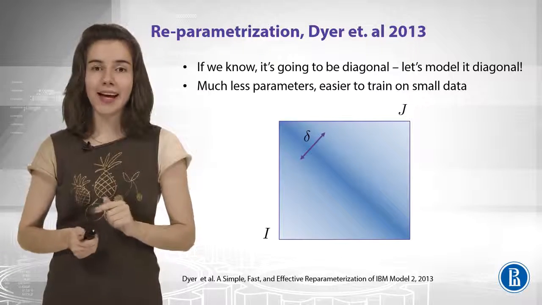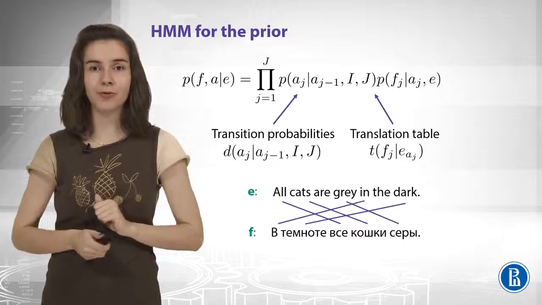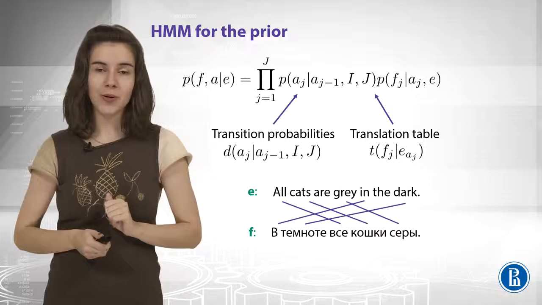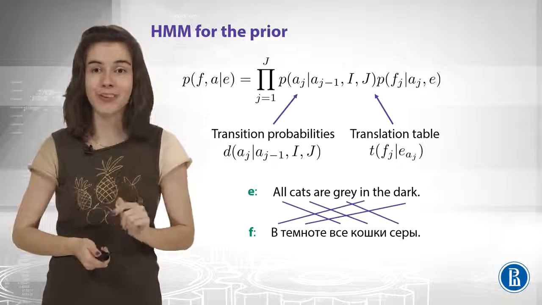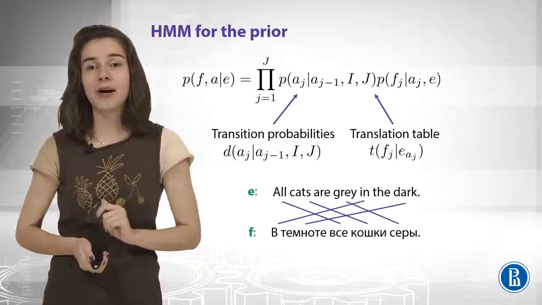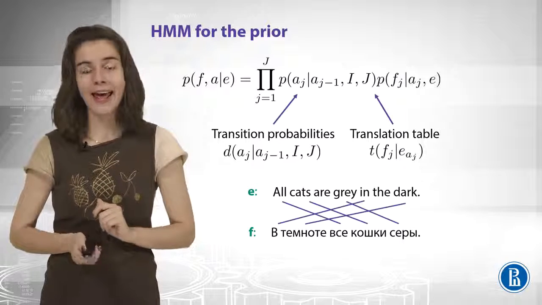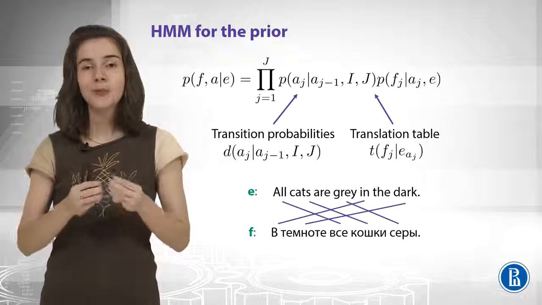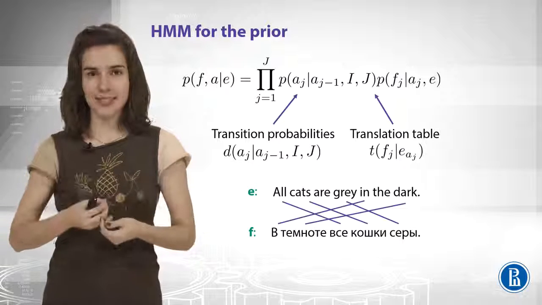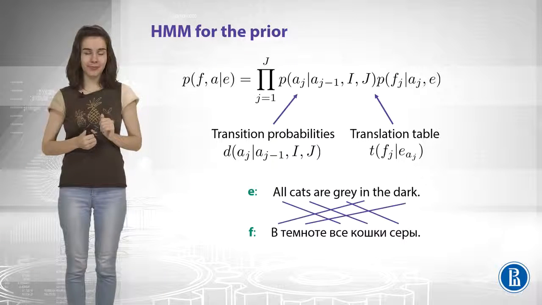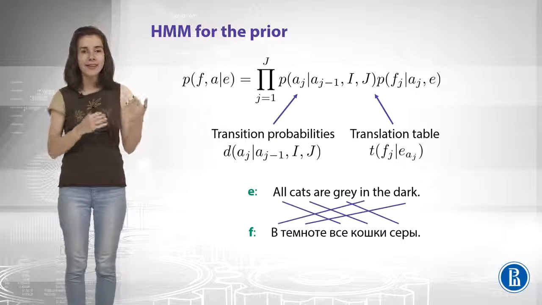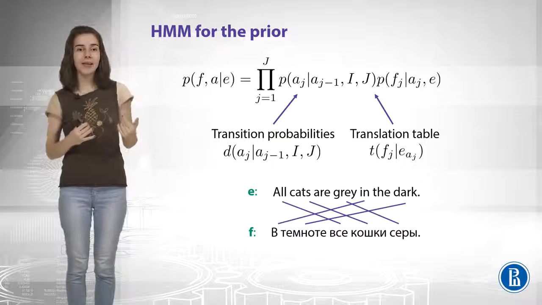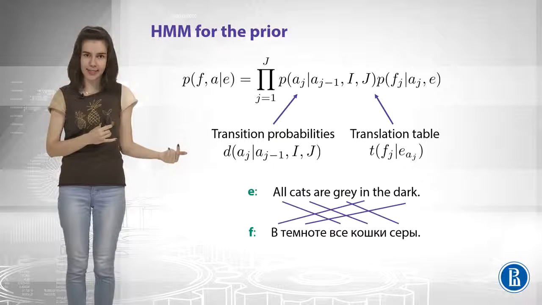Okay, now I have the last example for you for alignments. So actually you already know how to build this, you just don't remember that. We had hidden Markov models in our course, and hidden Markov models can help to build some transition probabilities. Why do we need it here? So imagine these couple of sentences, and the phrase in the beginning of the sentence can be aligned to the phrase in the end of the sentence.